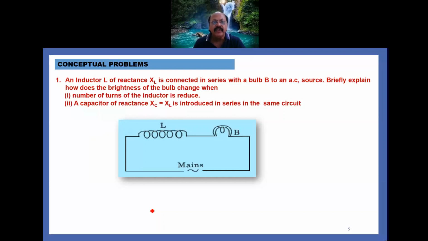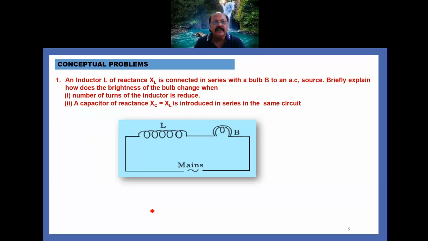What the first question is saying is that the number of turns of the inductor is reduced. When the number of turns of the inductor is reduced, then XL, the inductive reactance, also gets reduced. If it gets reduced, then the current becomes more and the bulb glows brighter, meaning the brightness increases.